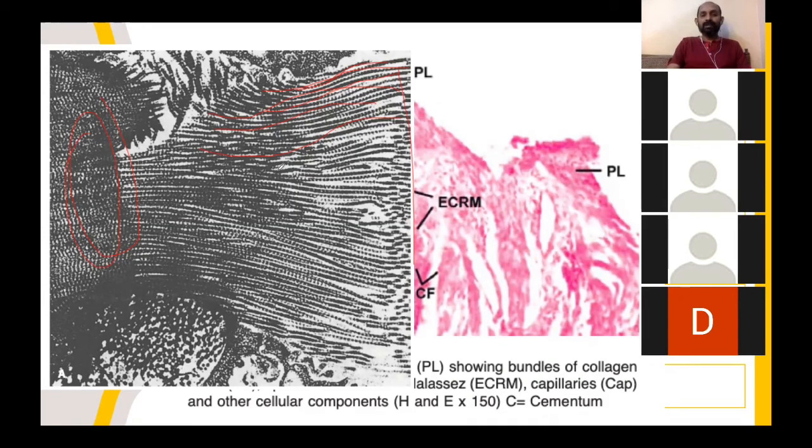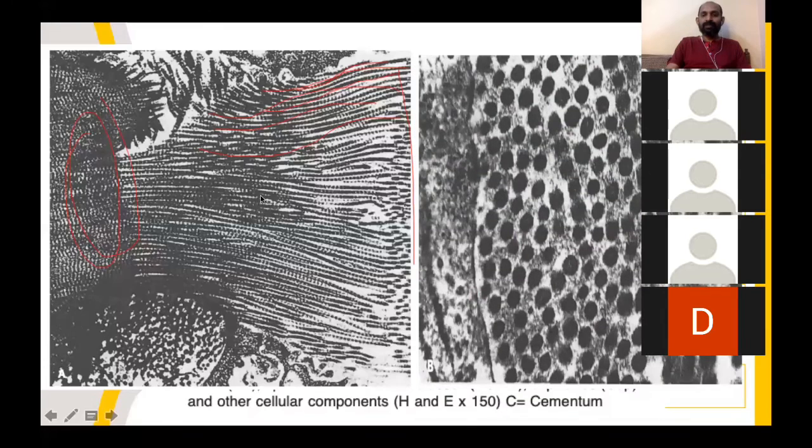This is a longitudinal section. Suppose I cut the fiber in cross section, you will see the cut ends of the fibers like this. This is how a collagen fiber will appear.